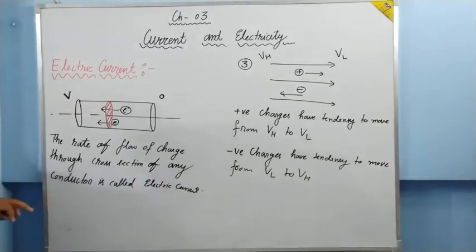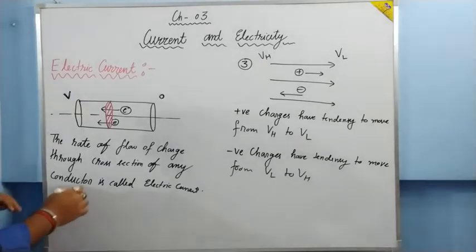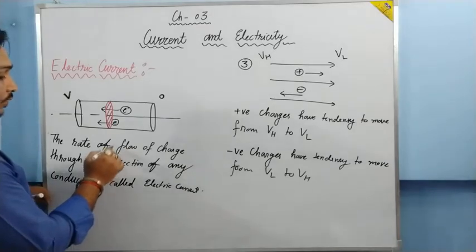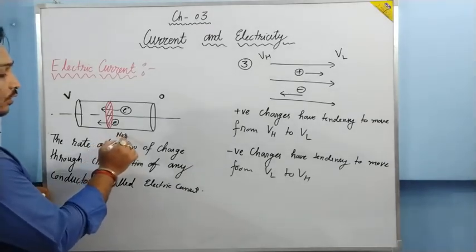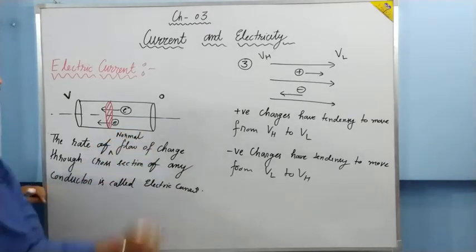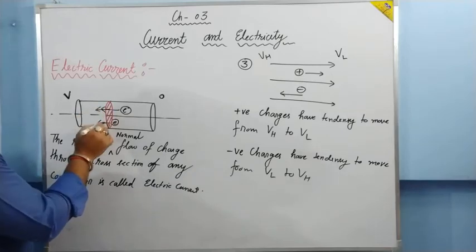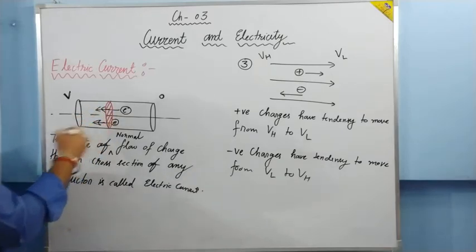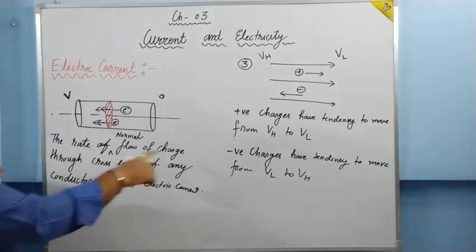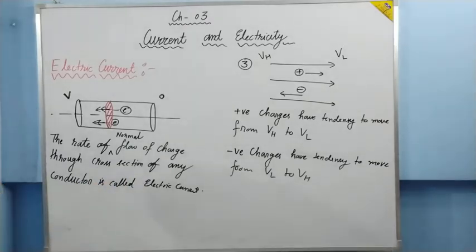The rate of flow of charge. Let me introduce a word over here which was probably not there in class 10th: normal flow of charge. We assume that electrons are flowing normal to the cross section area, perpendicular to the cross section area. The rate of normal flow of charge through the cross section of any conductor is called electric current.